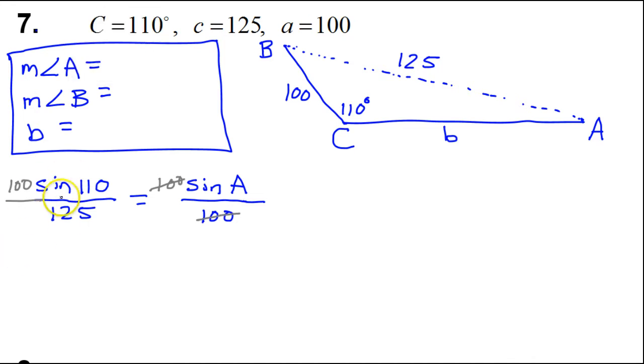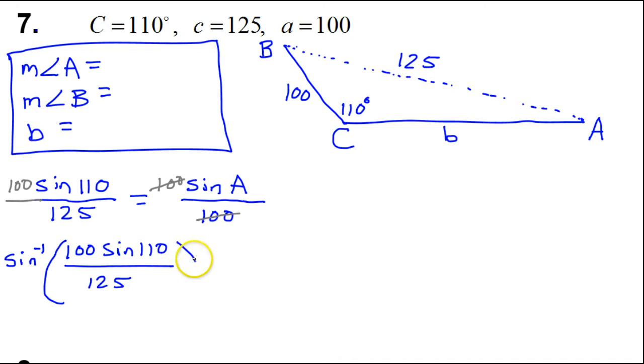Notice I don't make a decimal right now. I just leave it like it is and say the inverse sine of all of it. So the inverse sine of 100 sine 110 over 125 should equal angle A. I just put all of this in my calculator at once, and that will give me the measure of angle A.